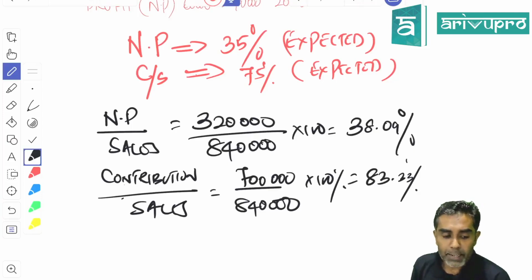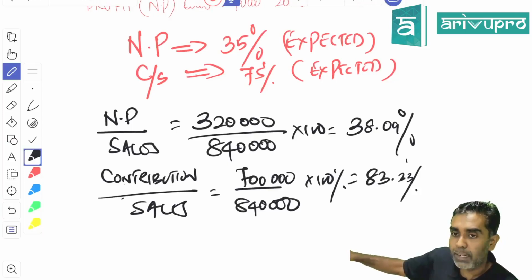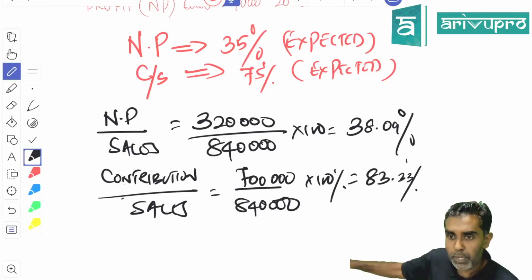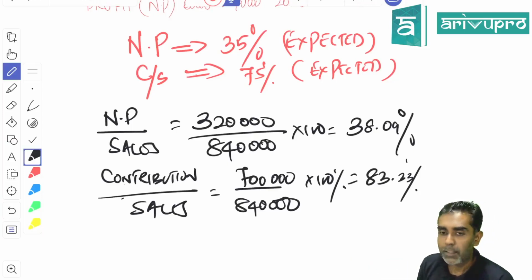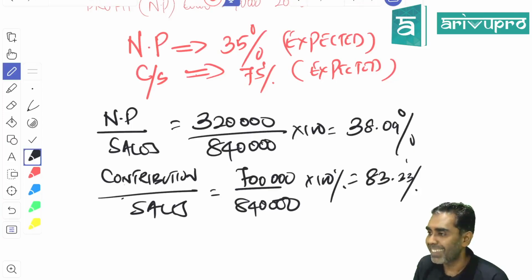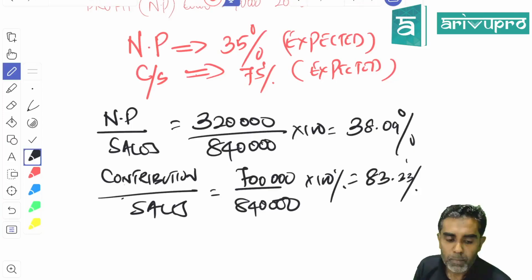Stealth product has generated 38% and 83% net profit and CS ratio respectively. Look at the name of that product, Stealth. After this answer you should take it down.